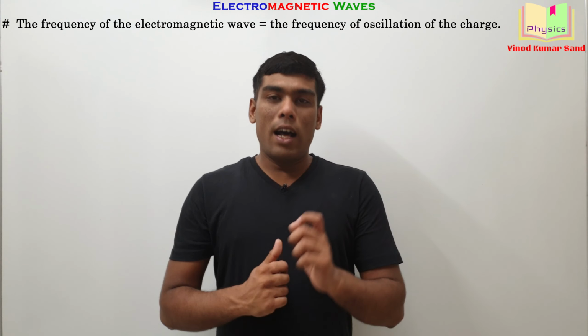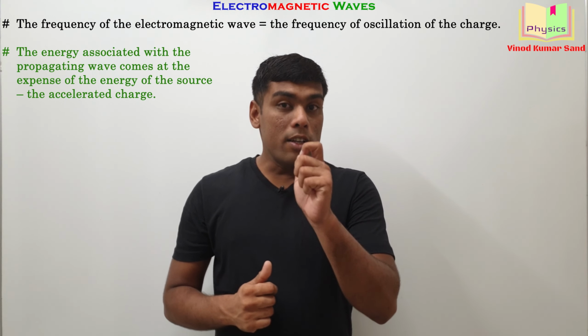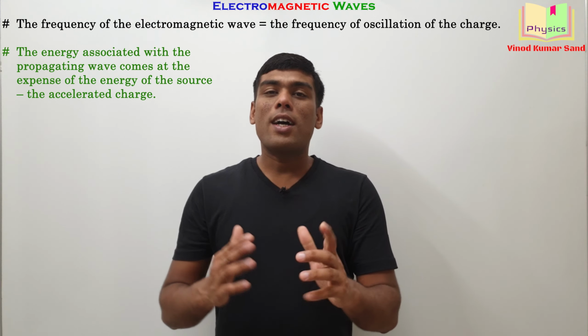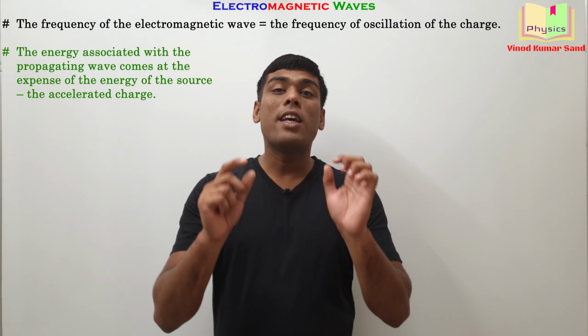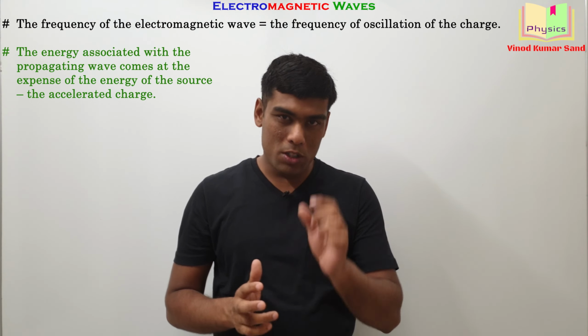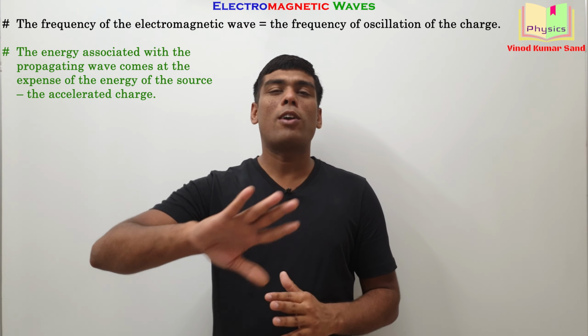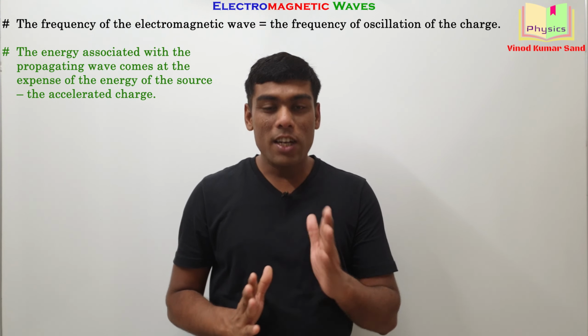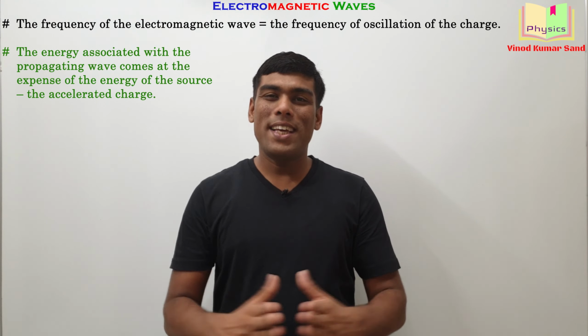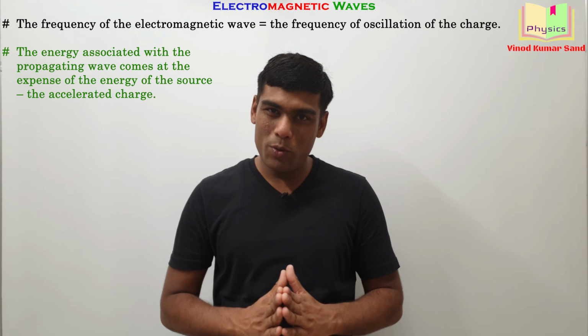Okay. Another important thing, the energy of the electromagnetic wave comes at the expense of the energy of the source, means the accelerated charge. Actually, some part of the energy of the accelerated charge gets converted to the electromagnetic wave.